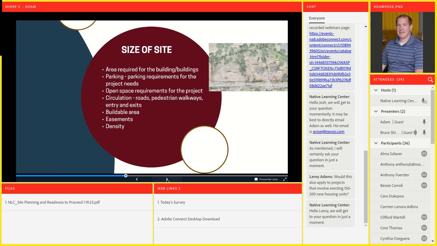Look in the general plan and see if there's something that the city wanted to be able to do with that site or with that area, and then look at the surrounding zoning and land use to see if there's anything with those adjacent sites that would conflict with what you're proposing. Because the last thing you want to do is buy a site that is just going to be contentious from the get-go.